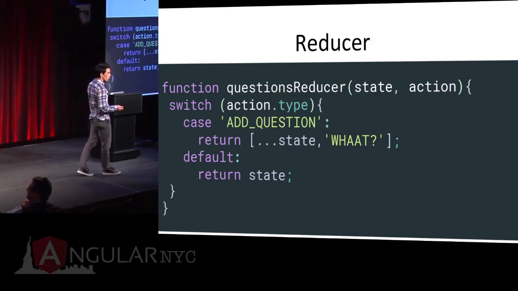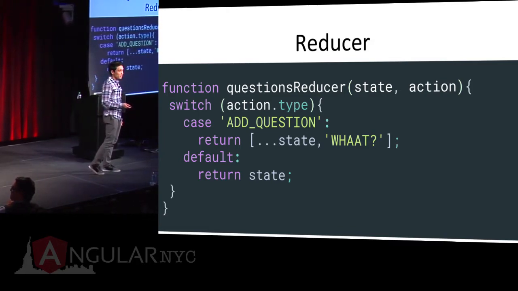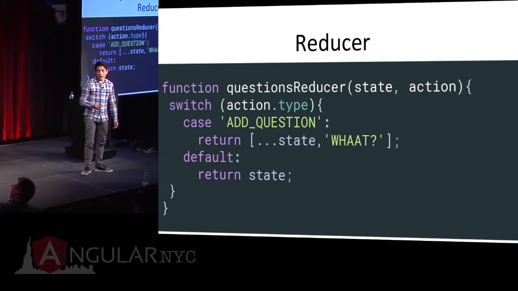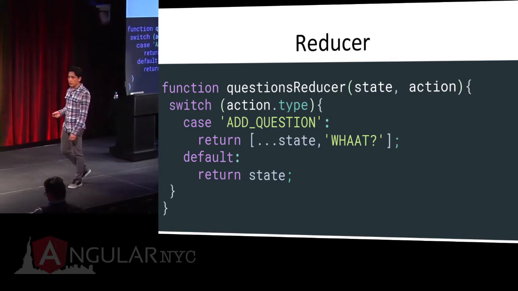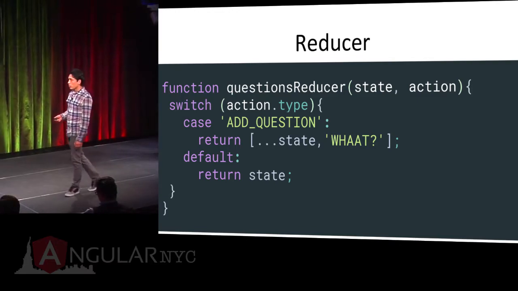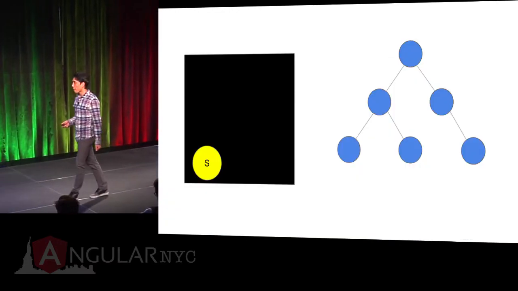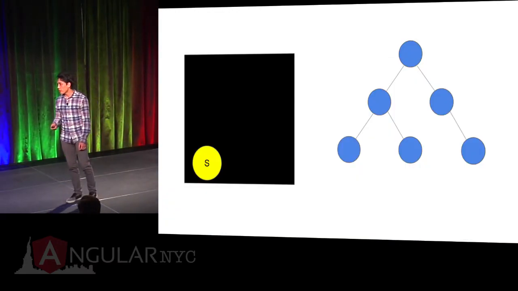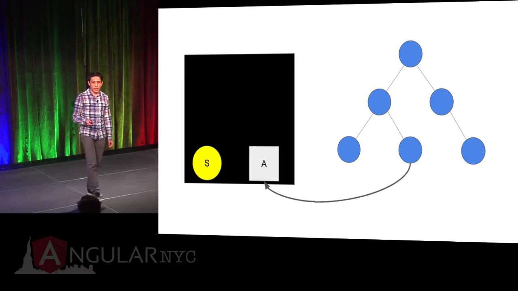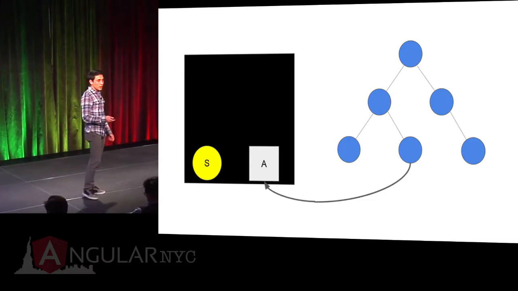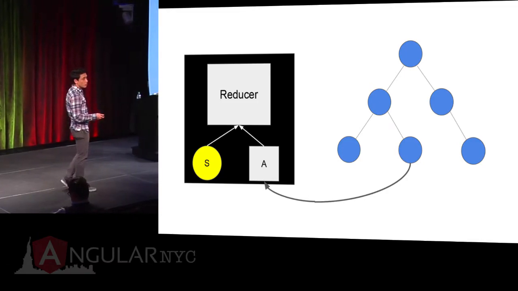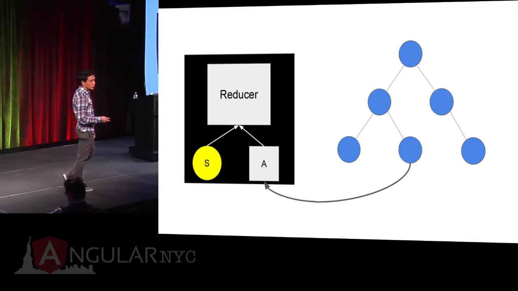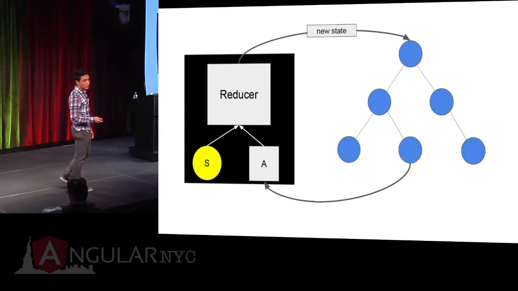And depending on the action type, it mutates the state and returns a new updated state to our components. So just to reiterate, we have a state stored in the store, we have actions dispatched, and the current state and actions go through a reducer, which performs changes and returns a new and updated state.